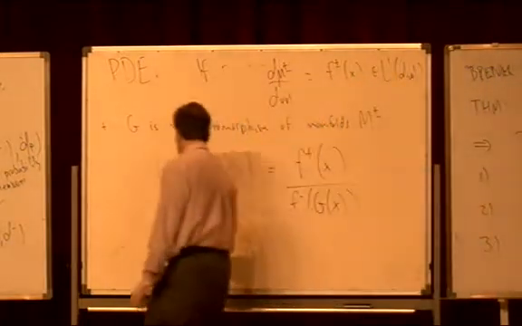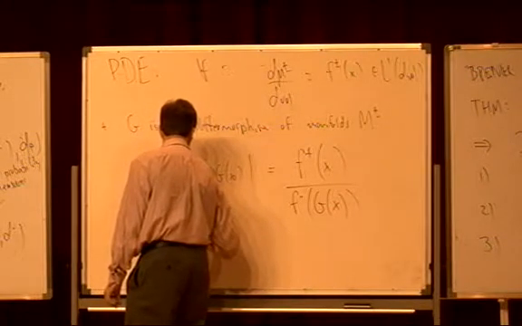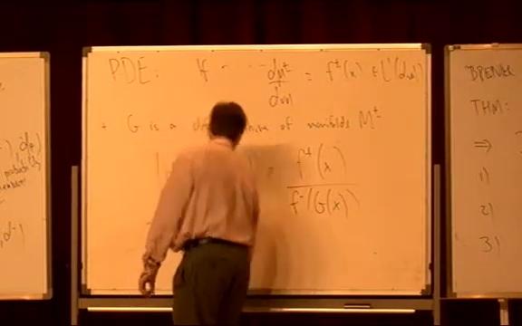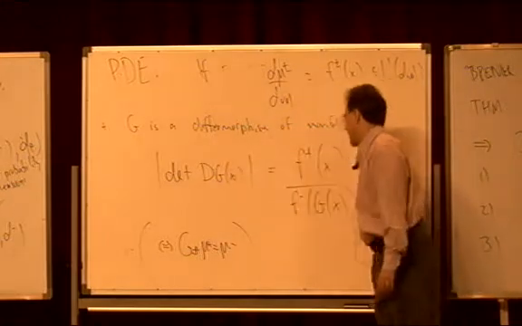This is another way of writing the condition that G pushes forward mu plus to mu minus, at least for diffeomorphisms, where these derivatives are defined.